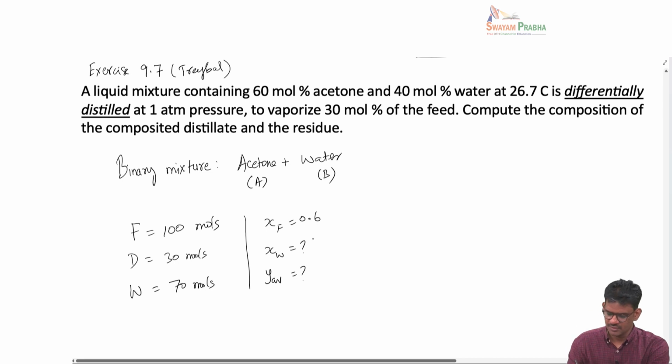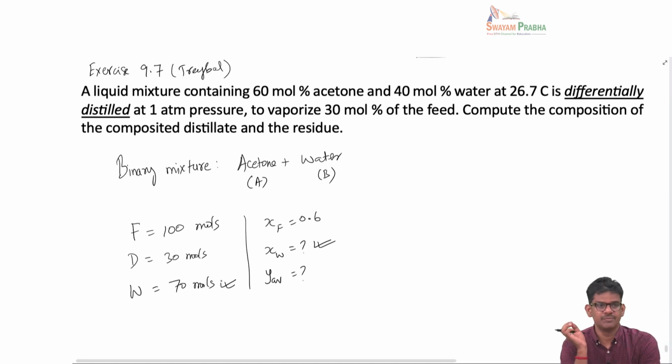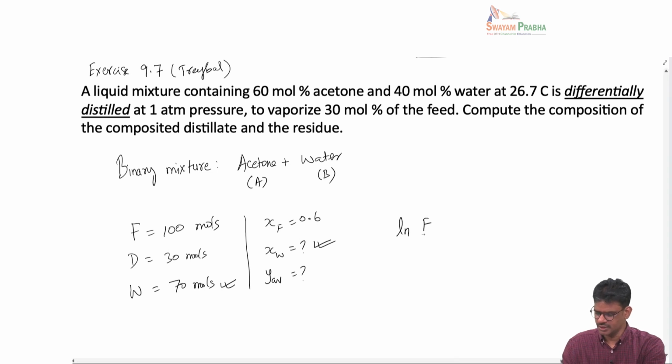These are the two unknowns. In the previous problem, W was asked; here we have inverted this. W is given, we have to find XW. So we'll use again the Rayleigh's equation.